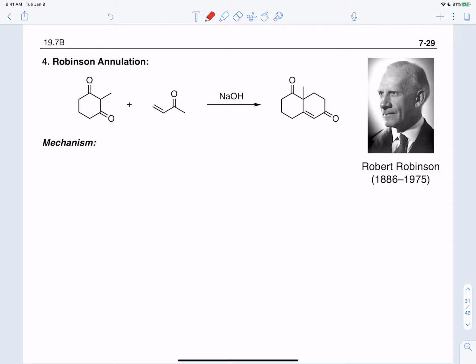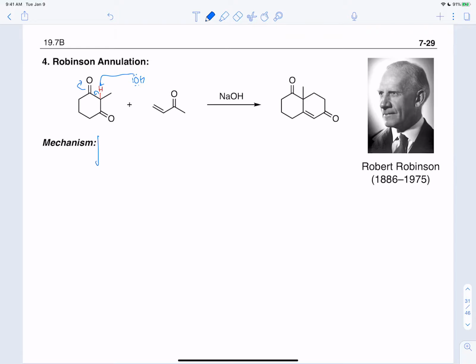So we're about to get to a section where we're going to learn a lot more about these dicarbonyl compounds. But as you can imagine, these hydrogens will be much more acidic than even your average ketone. Along the way, we can take sodium hydroxide and deprotonate this hydrogen.